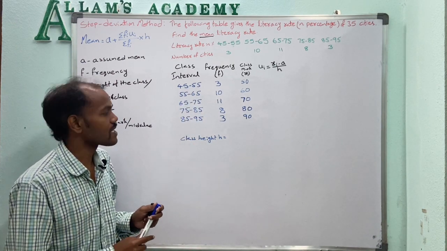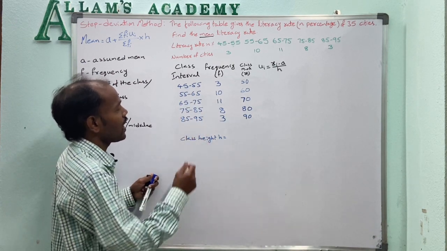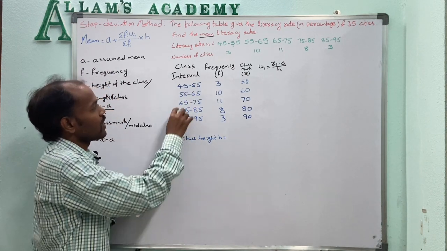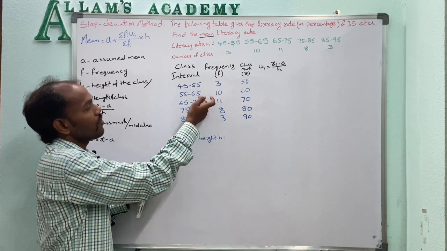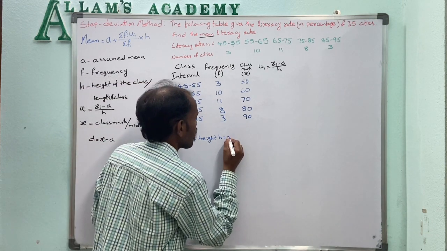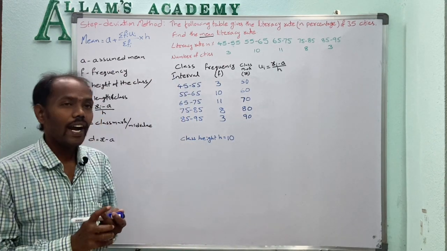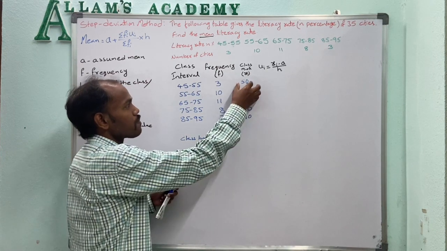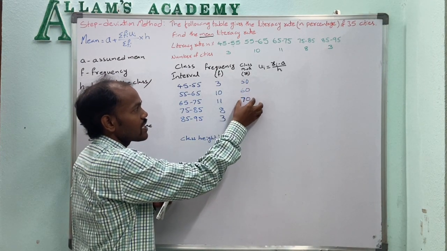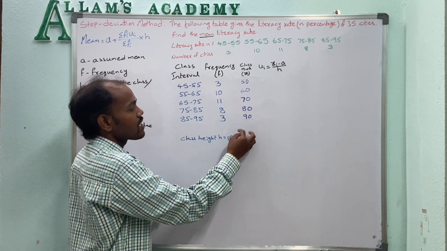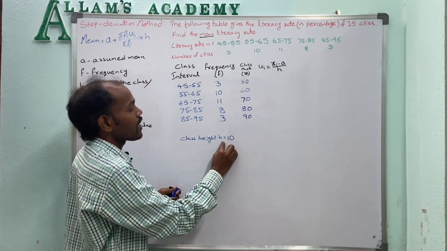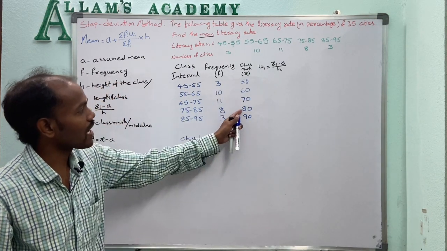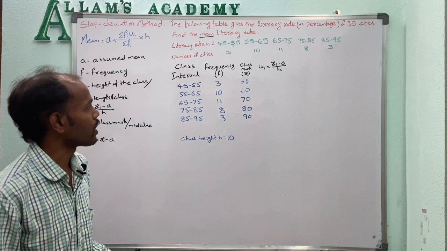So this class height equals 65 minus 55, that equals 10, or 85 minus 75, that is also 10. If we observe these class marks, the difference between each class mark is also 10, because the class height is 10.